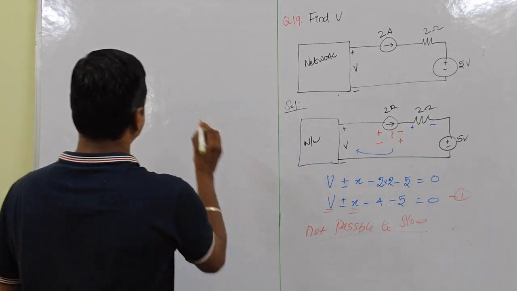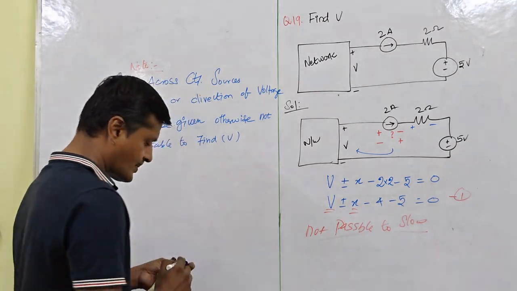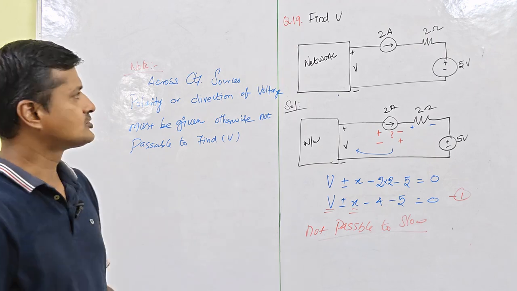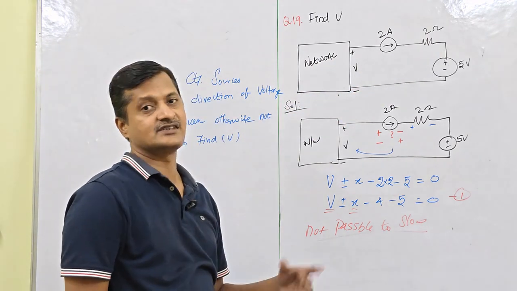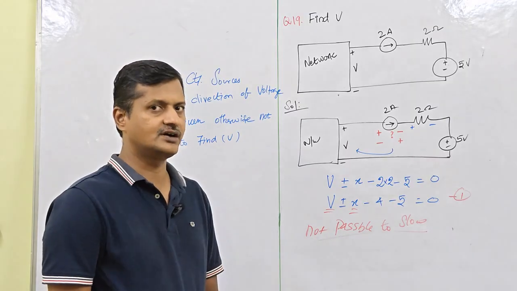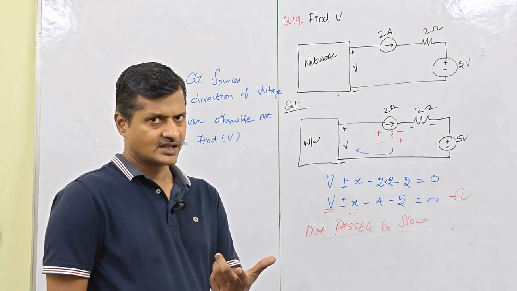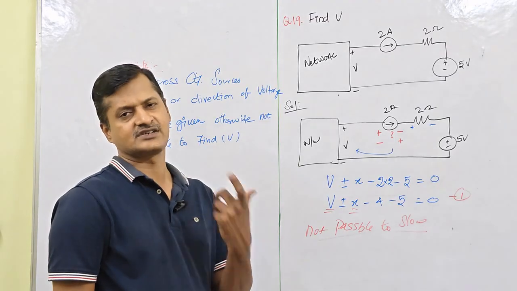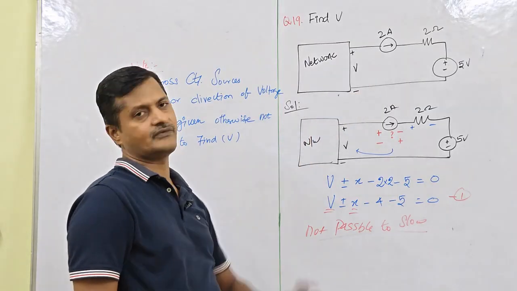So the note point here: find V. We cannot do anything, sir, because the polarity across this current source, plus or minus, is not given. Then we are not supposed to find the value of the voltage across the current source. Only if we find the voltage across the current source can we apply Kirchhoff's voltage law and find the unknown value.